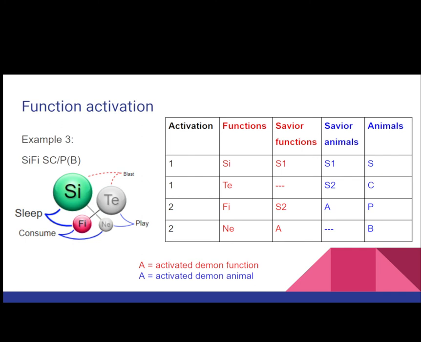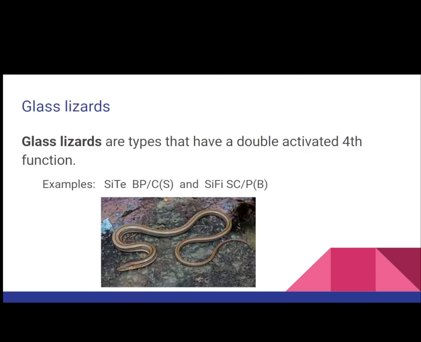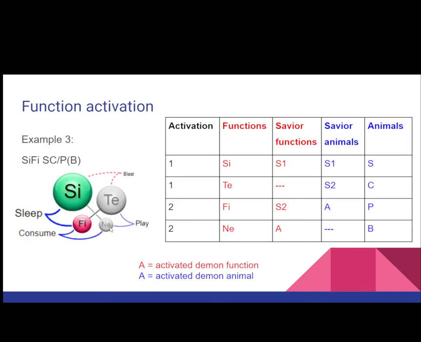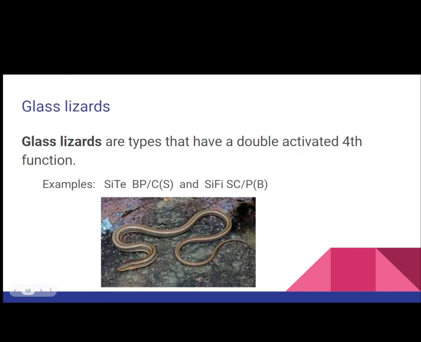You notice that this person is still responsible to do Si. It's a savior function. They've got Si at the top as a single observer. But it can be really easy to mistype somebody as another Myers-Briggs type. So this type here is what we would call a glass lizard.